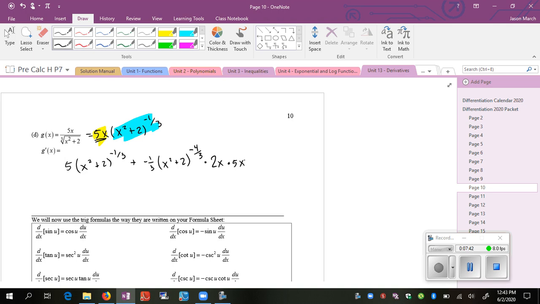Okay, so I'm going to change my colors up here. And now I'm going to do this using the quotient rule. So low, D high. Low, D high is going to be the bottom, which is, maybe I'll rewrite this first, is 5x over x squared plus 2 to the 1/3 right now.